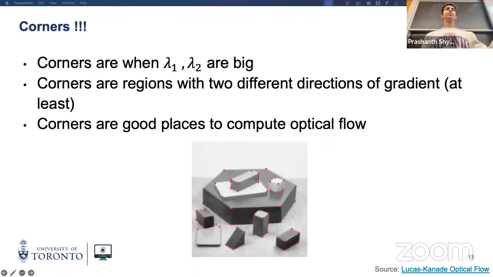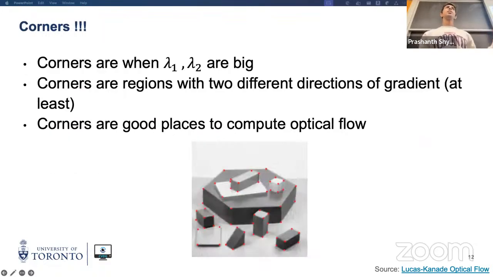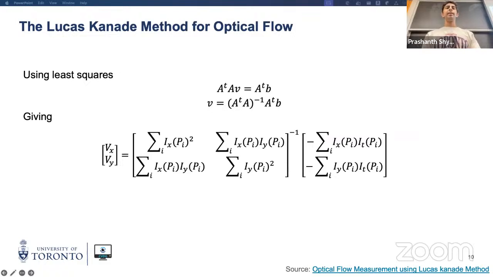These pixels where we get these conditions are just corners. So when you think of a corner, you have points with extremely rapid intensity changes in multiple directions. And the matrix A transpose A is just a sum of the intensities of the pixel in the x direction, the y direction, and then the xy multiplied.